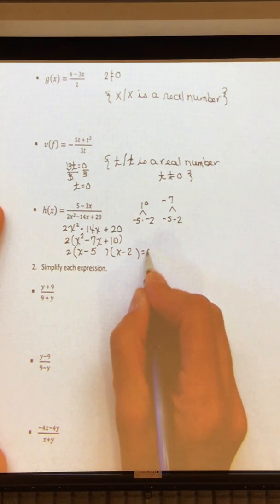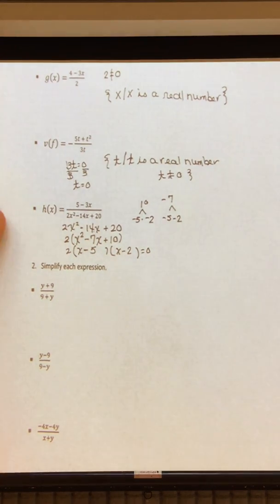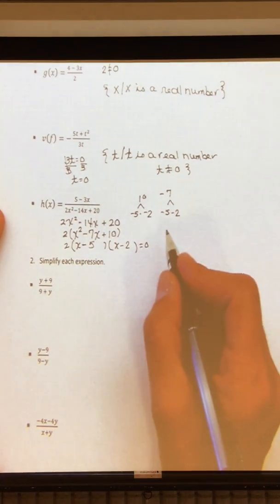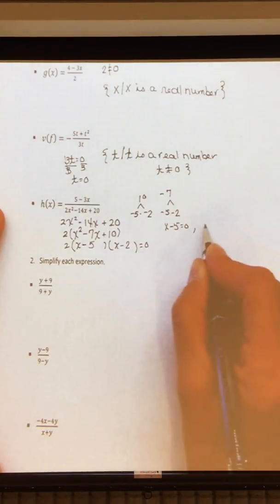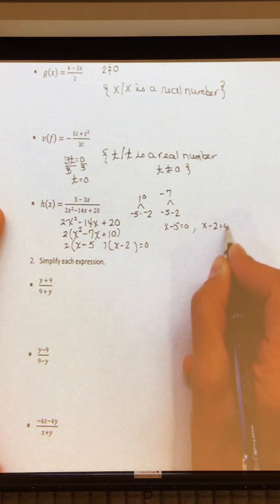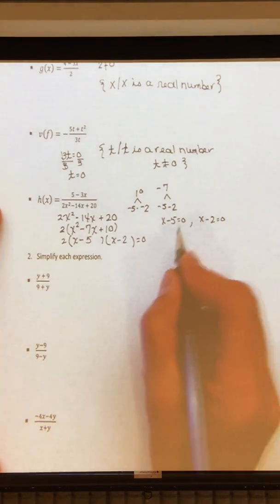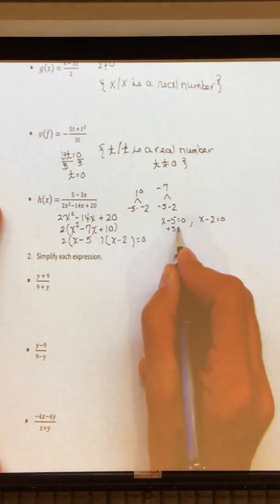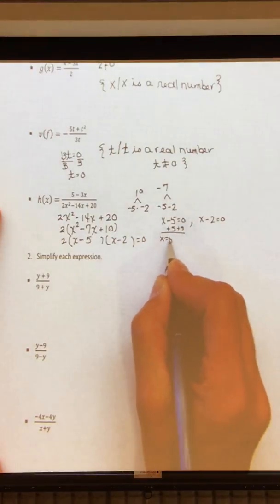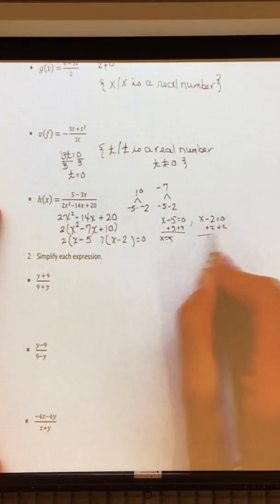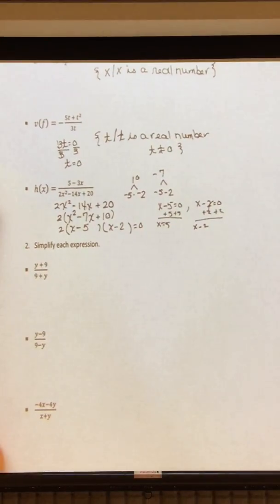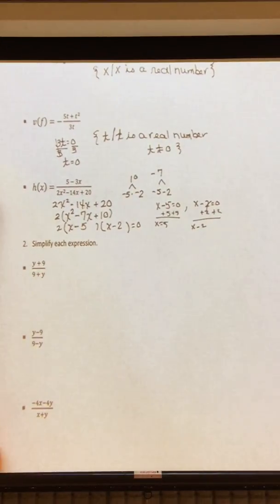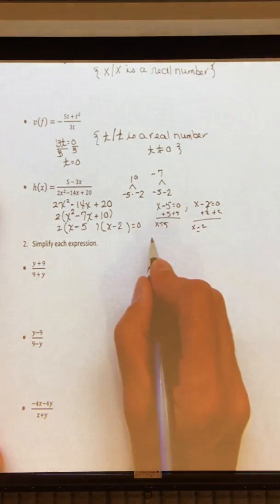Now we set that equal to 0. So we have x minus 5 is equal to 0, and x minus 2 is equal to 0. And then we solve. So we have 5 and we have 2. Therefore, x is any real number and x cannot equal 2 and cannot equal 5.